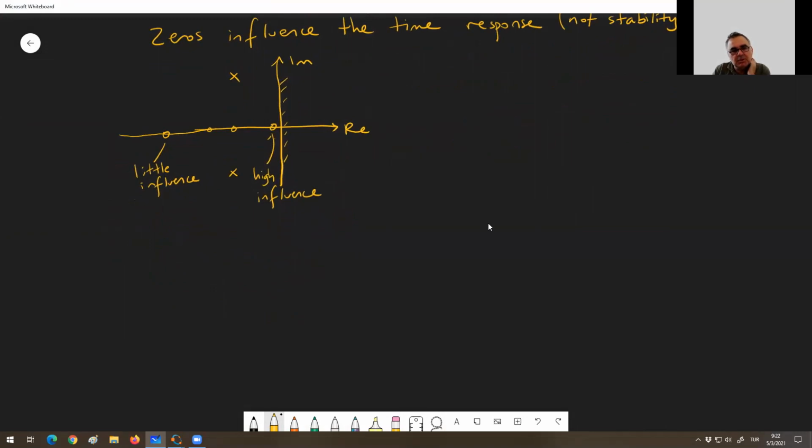Okay, so, and also, as you say, let's put it here. Here you have, if you have a 0 here, this causes, let's say, inverse response, like the step response of the system does the following, okay?